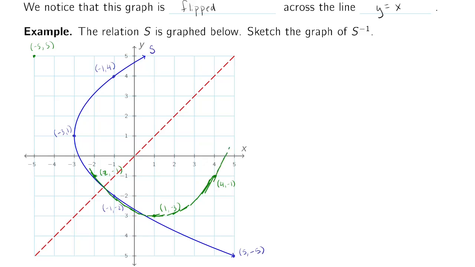And then does something like this to the right. Mirroring what it does at the top, and then stretches up toward 5, -5, doing something like this. So thinking about that reflection, we get a better sense for what the shape of that inverse graph would actually be than we would have had if we only had the points.